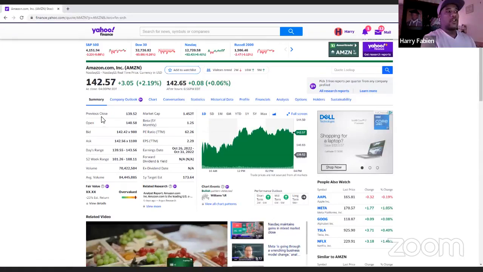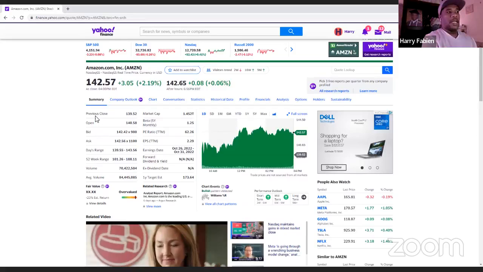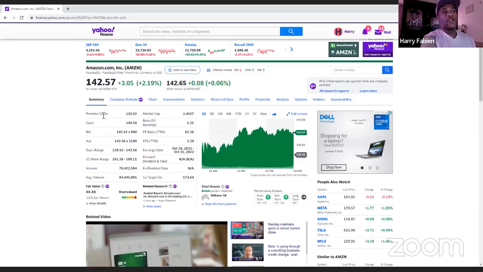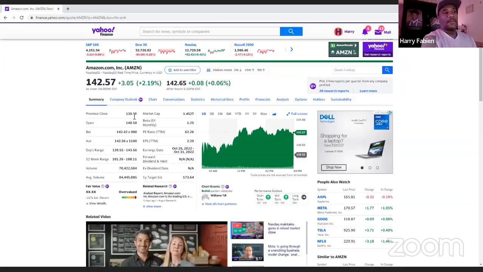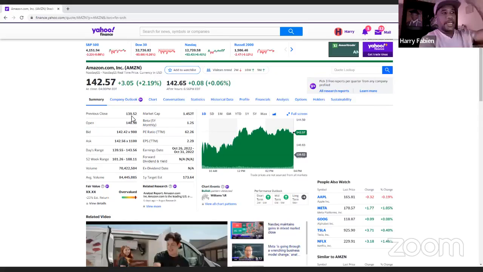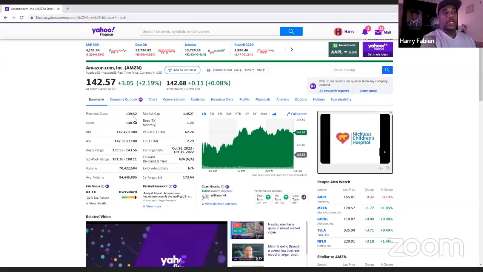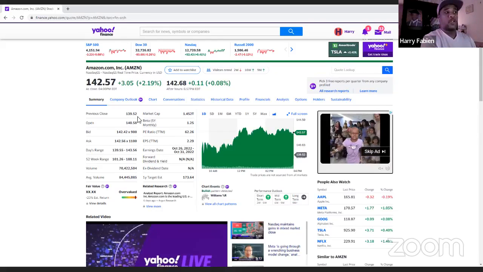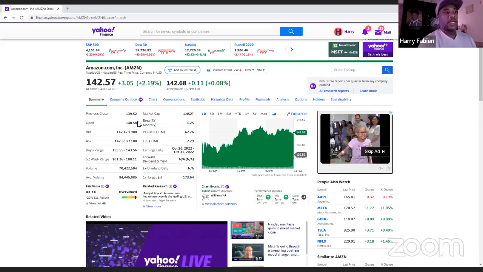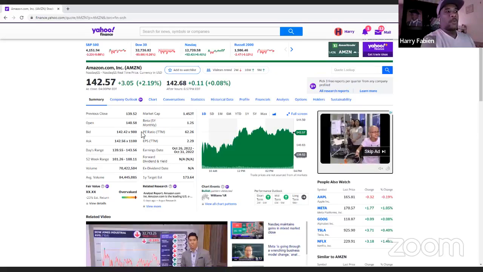The summary gives you everything here. It shows you the previous close. That means the previous close was yesterday. The Amazon stock closed at 139.52. Today, this morning, it opened at 140.58.